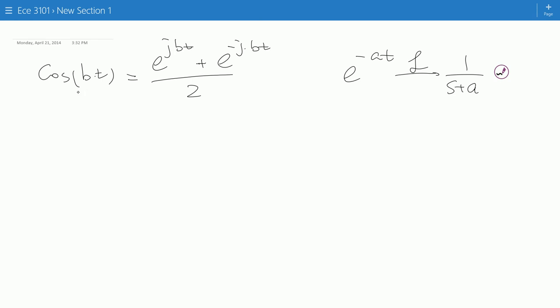So one half here. First guy, 1 over s plus a, with a being negative j times b, plus 1 over s plus j times b.